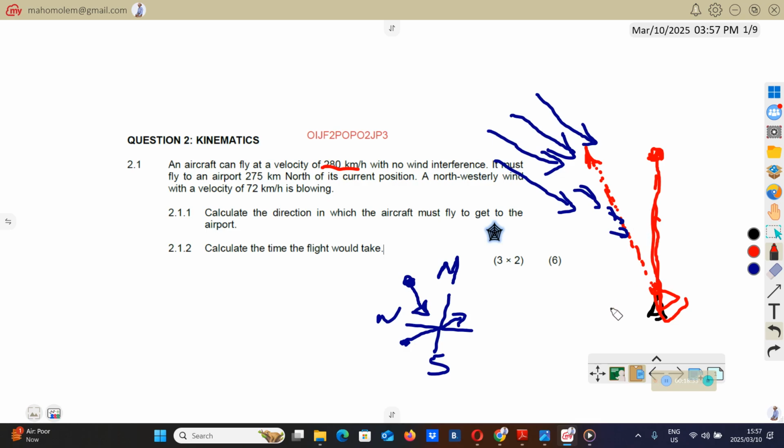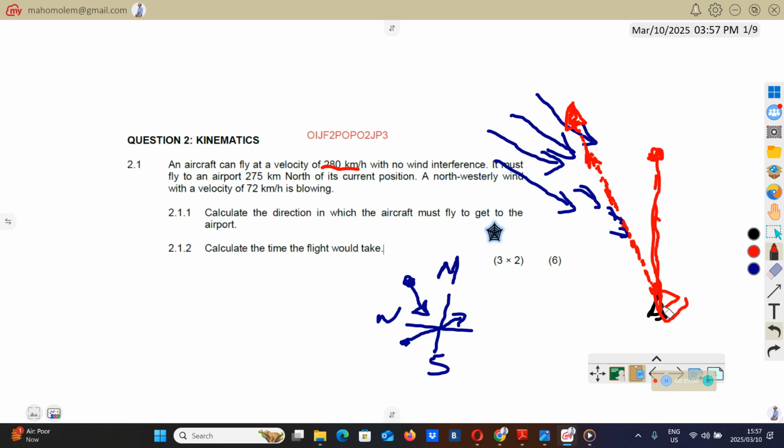So now, as I've indicated before, this wind is not only going to affect the direction, but it's also going to affect the speed. So when you see this line here, we can say that this movement is against the direction of the wind. So if you move against the wind, that wind is going to decrease the speed.